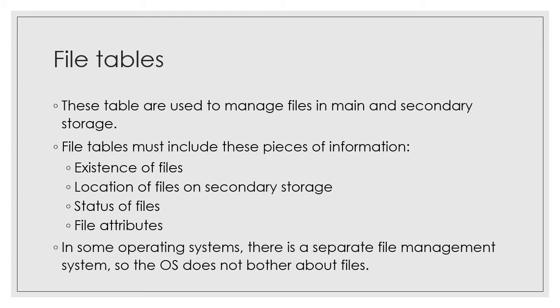File tables are used to manage files in main and secondary storage. File tables must include these pieces of information. Existence of files. A user may ask for a file which does not exist, and the OS must inform the user adequately. Location of files on secondary storage.